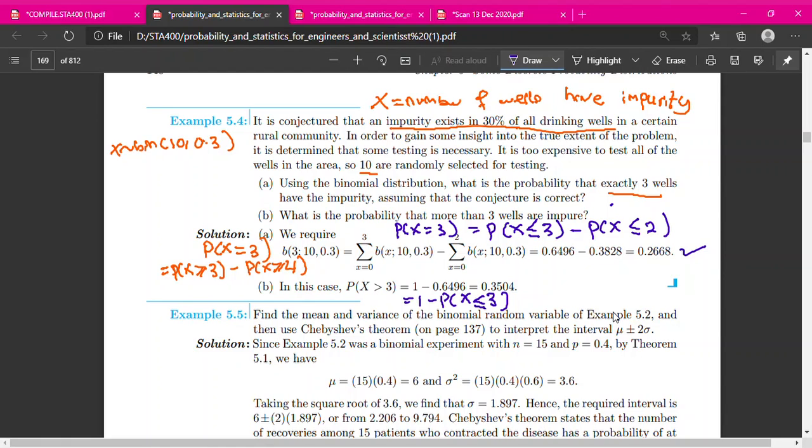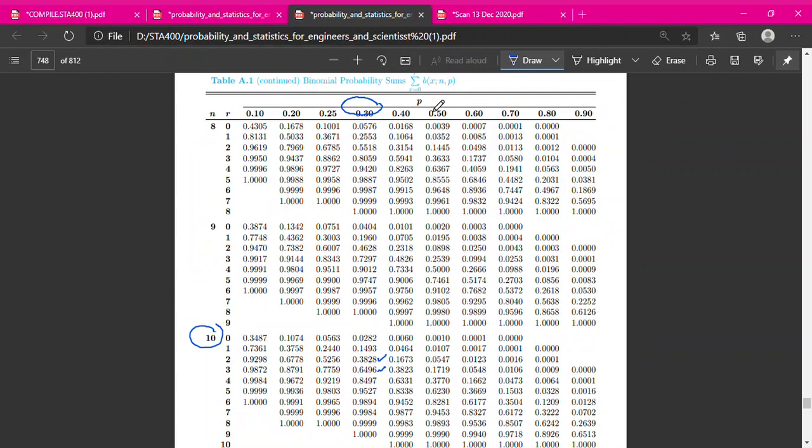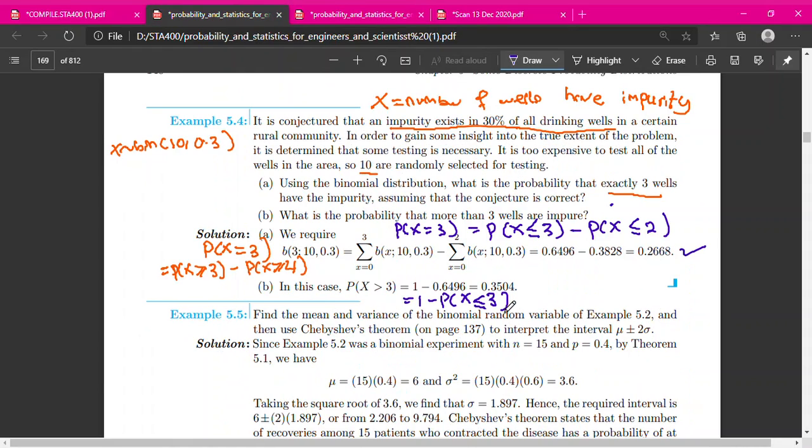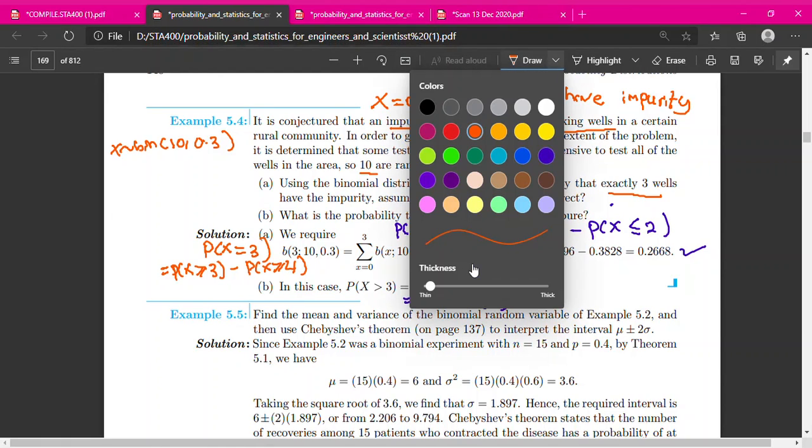So, 1 tolak 3 lah. Sebab dia nak 4 ke atas. So, 1 tolak 3 ke bawah. So, 1 minus less than or equal to 3. So, tengok 3 tadi. Is it 0.6496. Okay, sini.